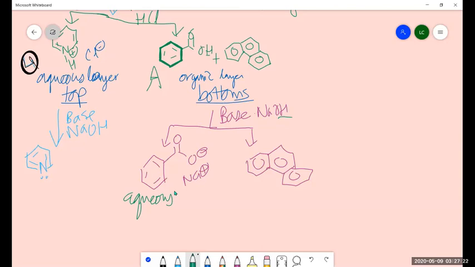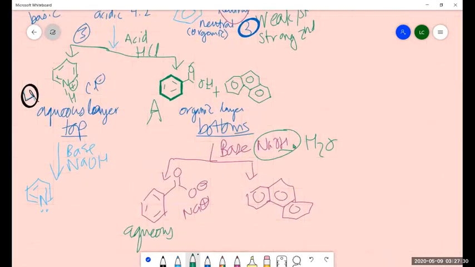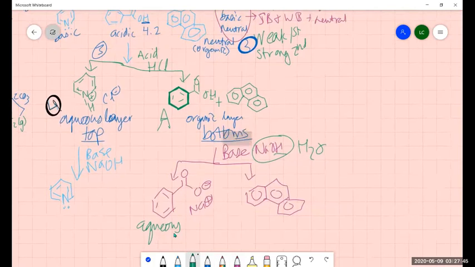Oh, also remember the NaOH is dissolved in water, and so is the HCl. It's a NaOH solution and a HCl solution, so you have plenty of water, and you're also making more water because of the acid-base reaction, with your conjugate base being water and conjugate acid being water. But anyhow, so you have aqueous.